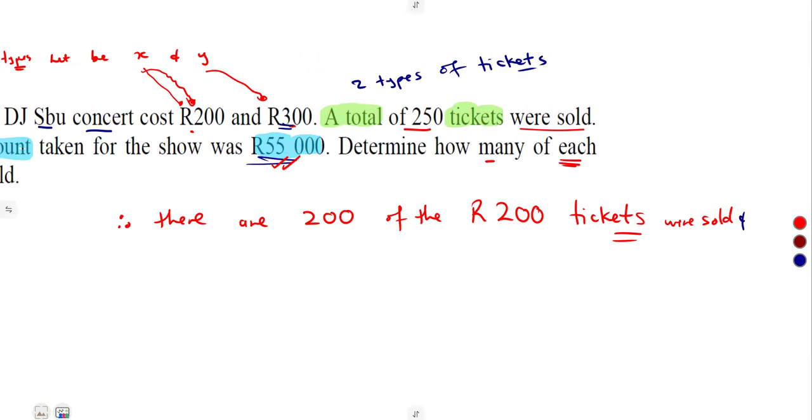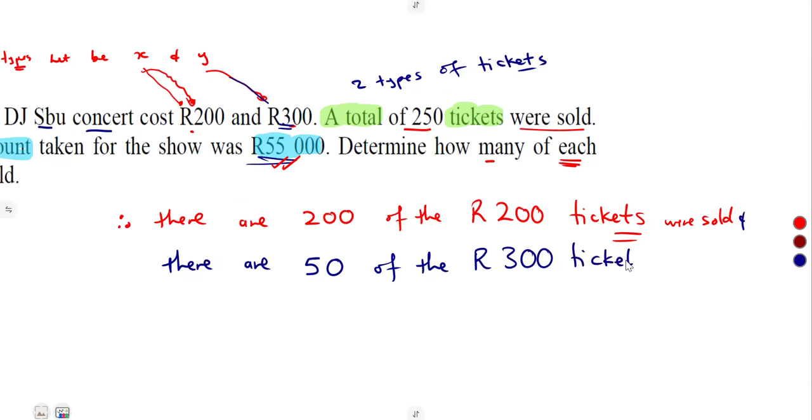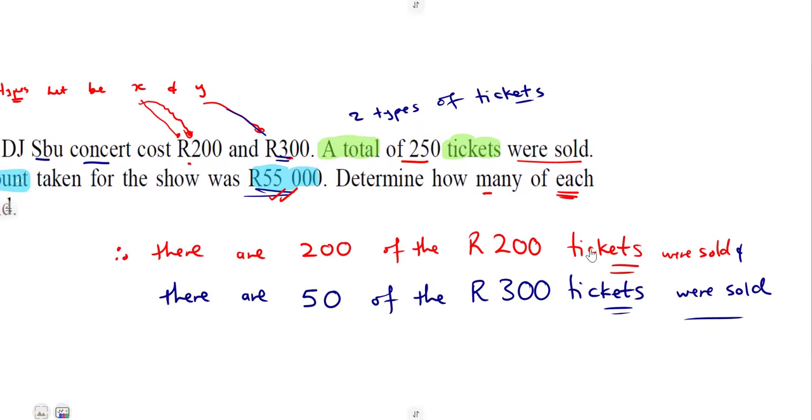Y is equal to 50, so there are 50 of the 300 Rand tickets that were sold. So this is the idea of answering this question.